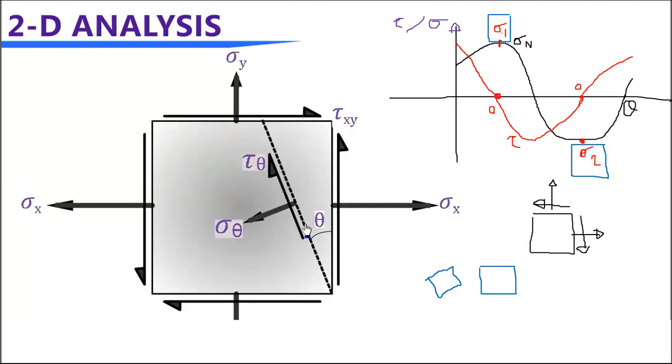At that plane, we call this the principal plane, the plane where the shear stresses are 0. Here also the shear stress is 0, but sigma 2 is the minimum stress. So this is the maximum principal stress, this is the minimum principal stress. Both are principal stresses, where on the plane the shear stress is 0.